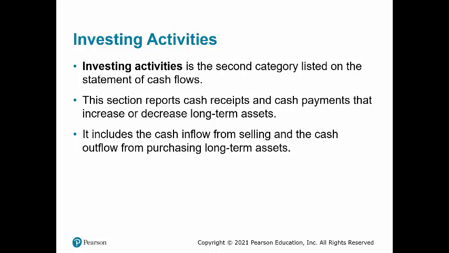And it's going to include the cash inflow when they sell any of those assets, and the cash outflow when they purchase any of their long-term assets. It's also going to include information when the business loans money, and then when they collect money on any long-term notes receivable.